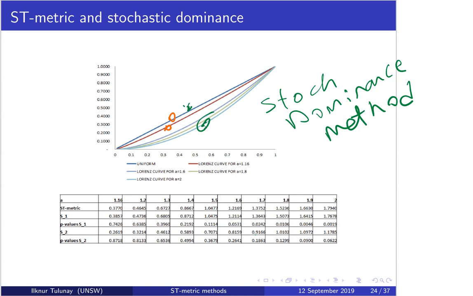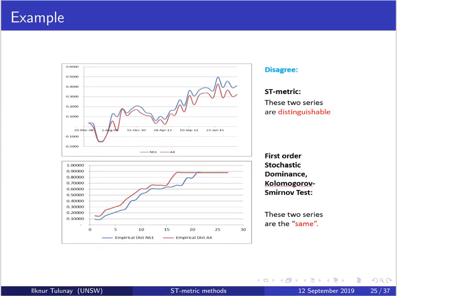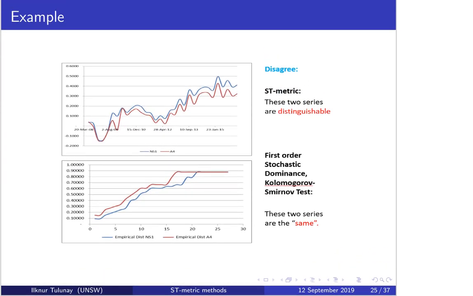This calculation shows particular cases where the ST metric looks at this curve, calculates it, and says that they are distinguishable, while the first order stochastic dominance method thinks that they represent the same series, same distribution.